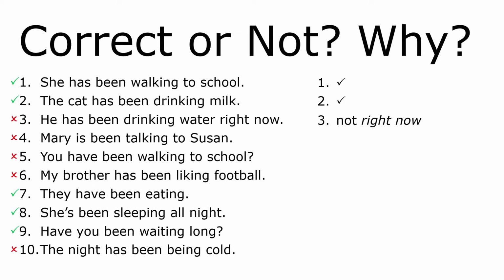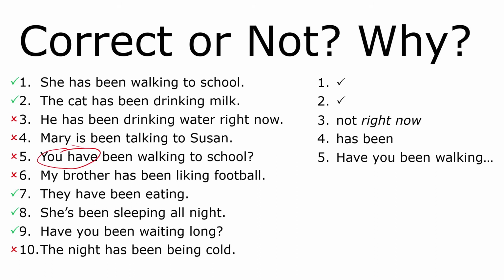Number 4, Mary has been talking to Susan. I've got a problem with my auxiliary verb. Has been talking, not is been talking. Number 5, you have been walking to school? This drives me crazy. Students say this because they forget to change the order of these words here.